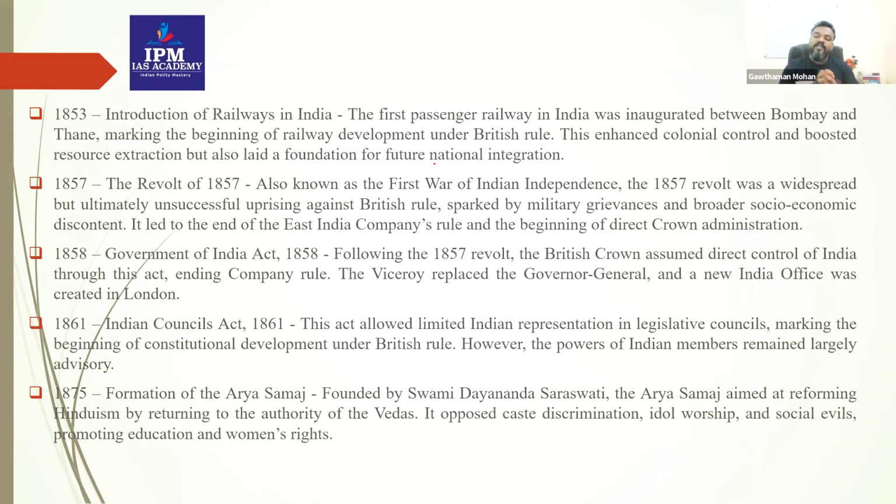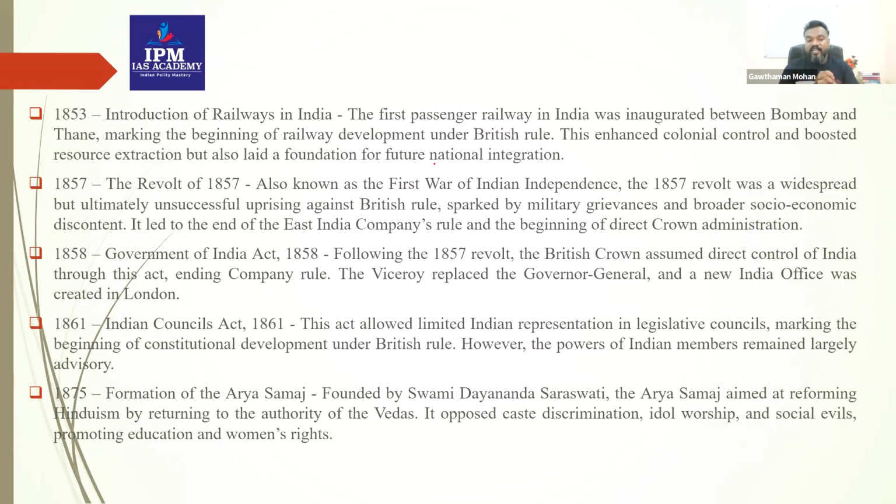During the 1857 revolt, we were introduced to many leaders like Kunwar Singh, Tatya Tope, and Rani Lakshmi Bai. All these people were active leaders during this time period. Wajid Ali Shah and the Mughal rulers were also really involved in the 1857 revolt.